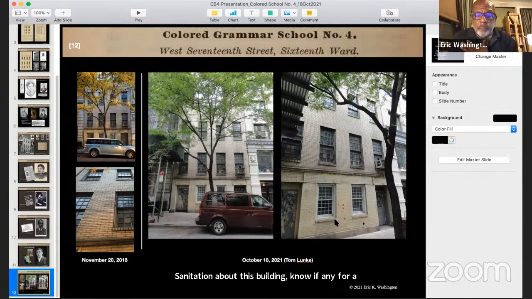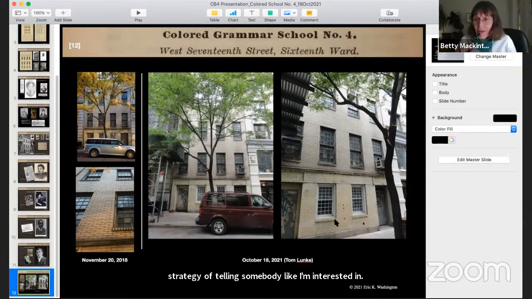And I guess just from my old New Yorker sense of being careful about what you speak about, I would like to feel a little bit secure in the strategy of telling somebody I'm interested in this building being landmarked, because if they oppose it, might they be able to do something that sabotages its eligibility? Yeah, that's good strategy. Okay.